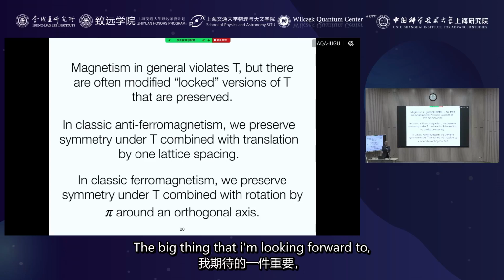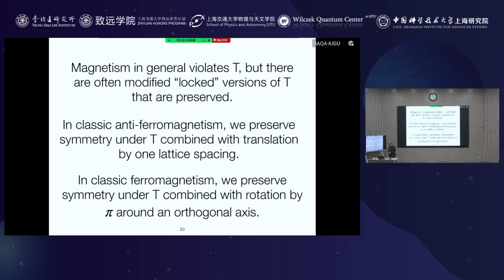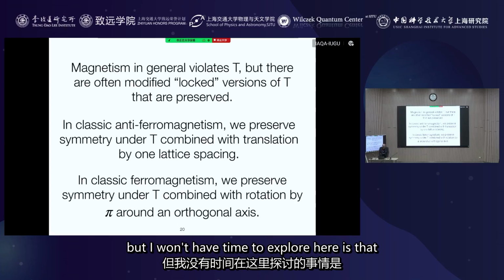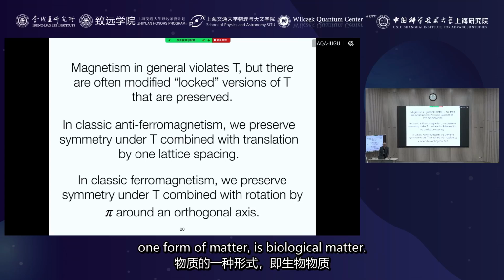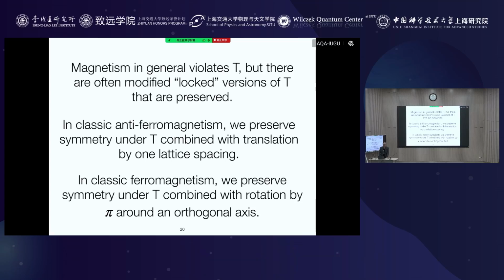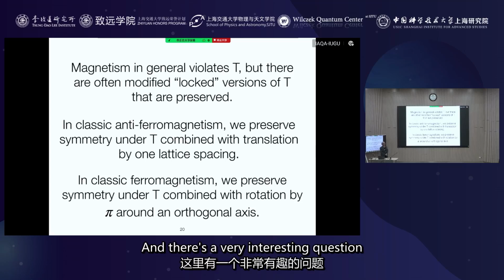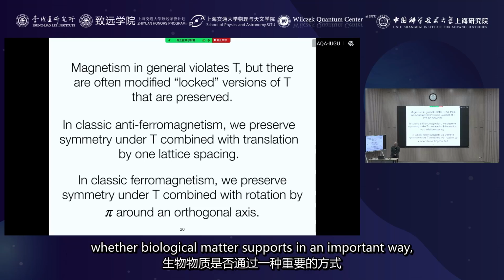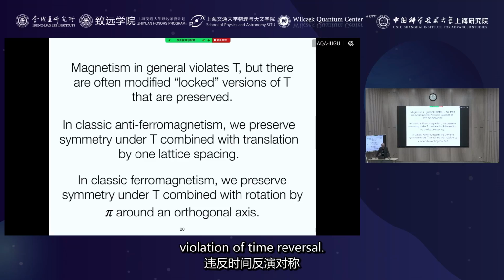The big thing that I'm looking forward to, but I won't have time to explore here, is that one form of matter is biological matter, and there's a very interesting question whether biological matter supports, in an important way, violation of time reversal.